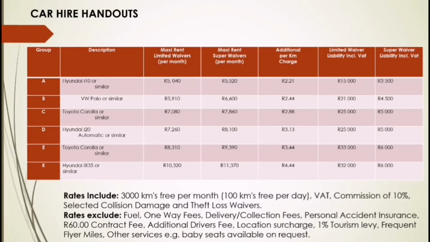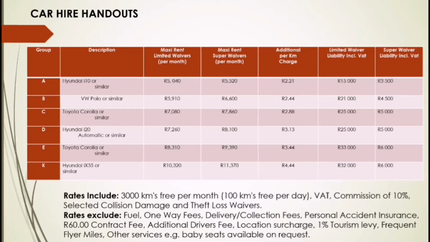Then should the client drive over and above the free kilometers that are given to you by the car hire company, you will charge the client 2.21 rand per kilometer that they drove over. And then the last two boxes just stipulate how much money you are going to be liable to pay if something happens to the car.